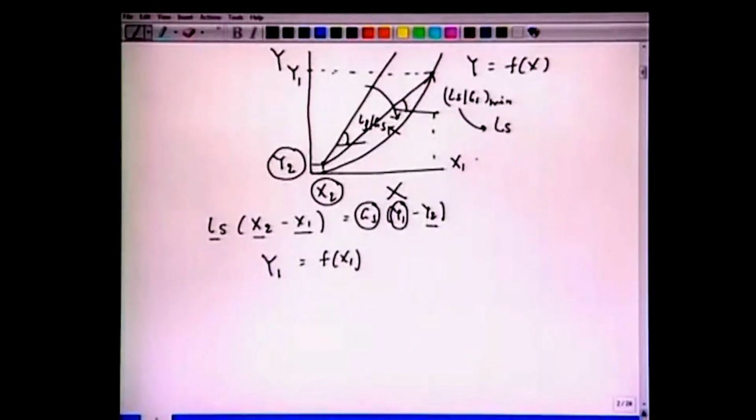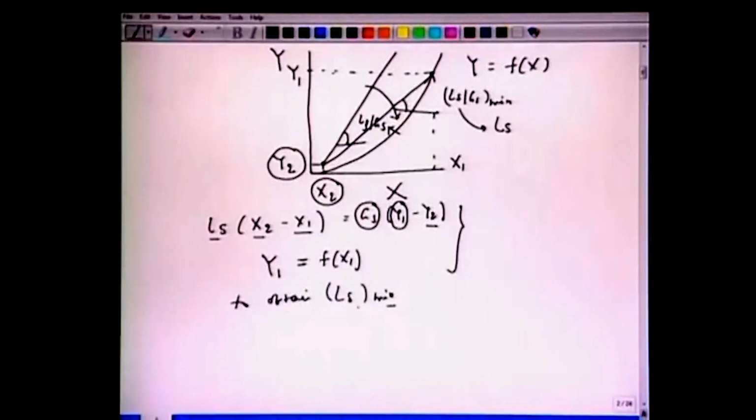So we have y1 equals f(x1). One can then solve these two equations to obtain Ls or Ls minimum. Whatever we can do graphically, in principle one can also solve analytically.